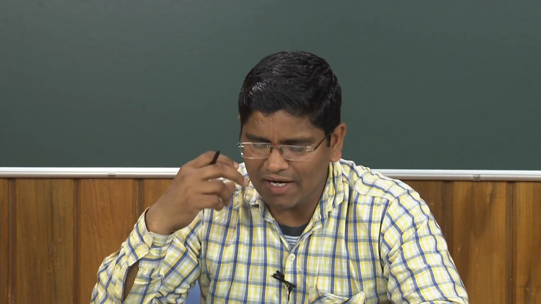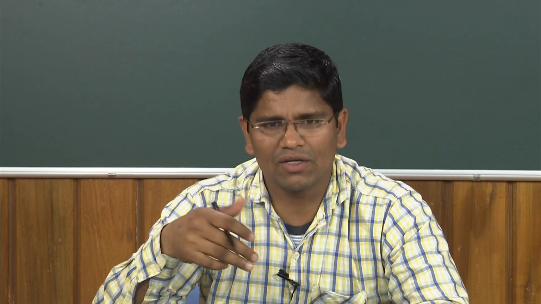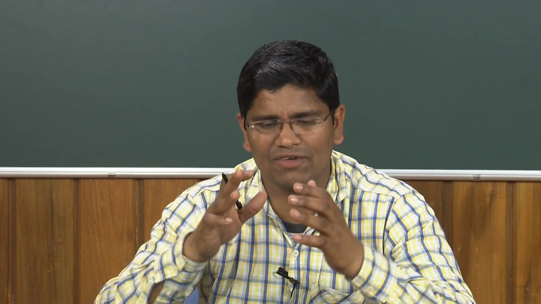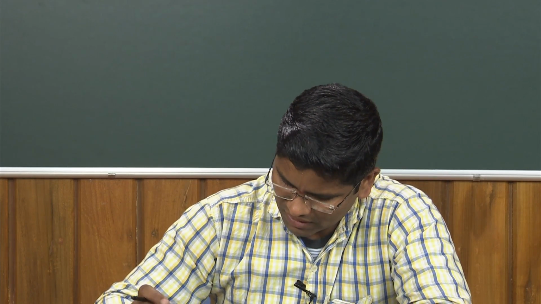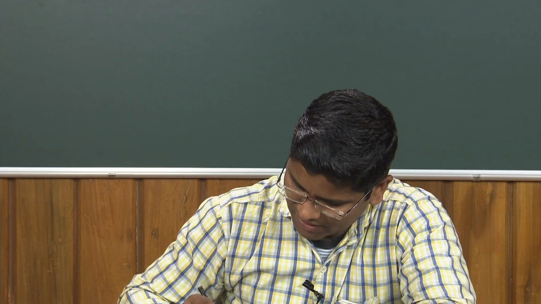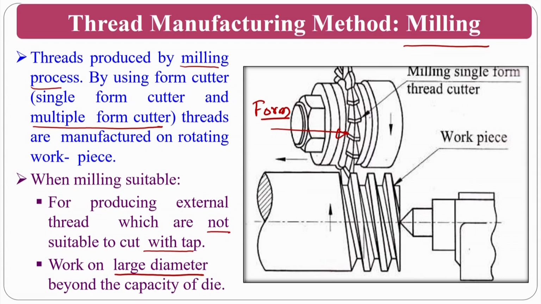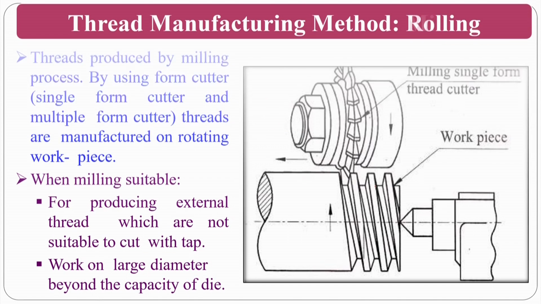I am talking about external in this slide. If you are unable to cut there, you can go for this. Normally if you have a very large diameter, beyond the capacity of a die, you can go for the thread milling process.